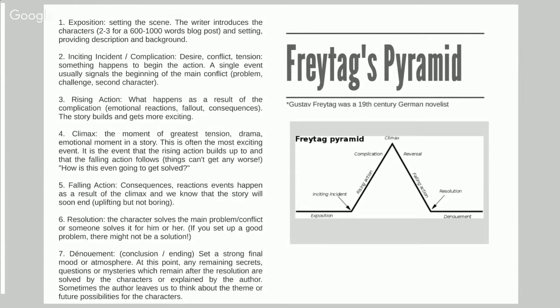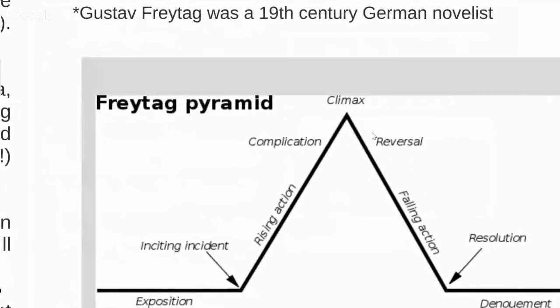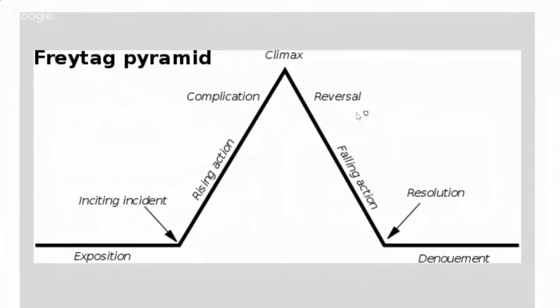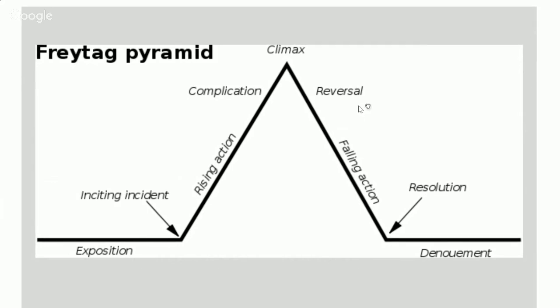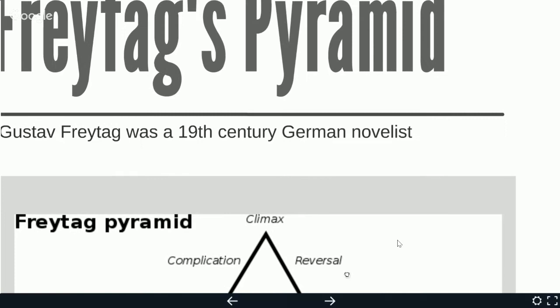So this is a very typical structure of a good story. This is something I want you to consider when you're writing a good blog post and you want to take your readers on a journey.